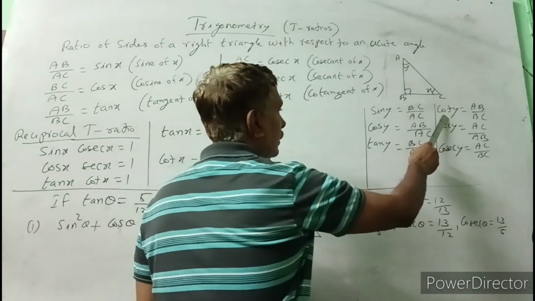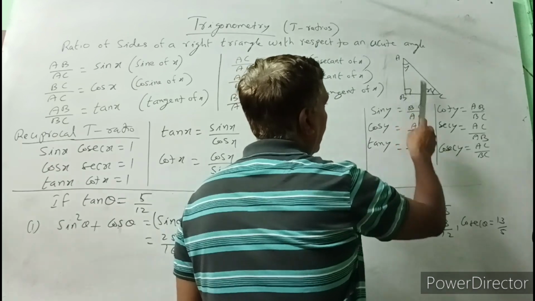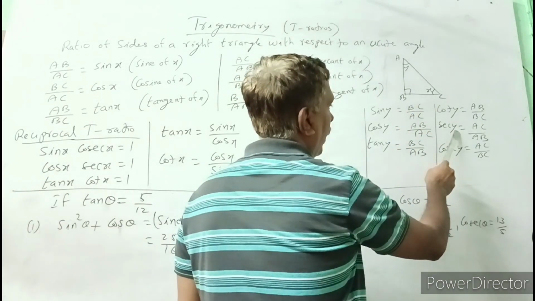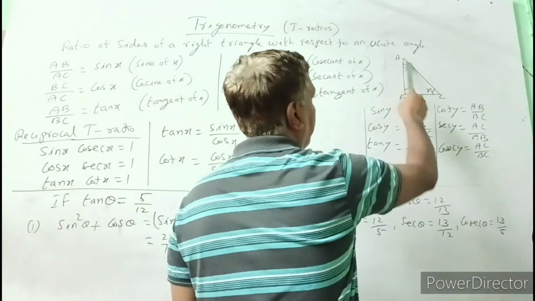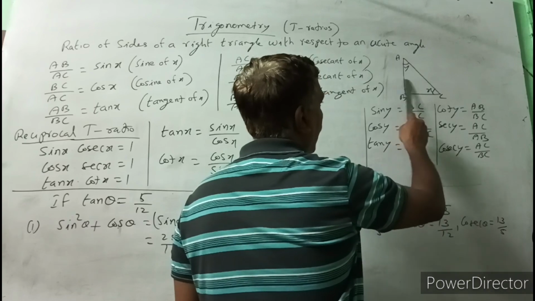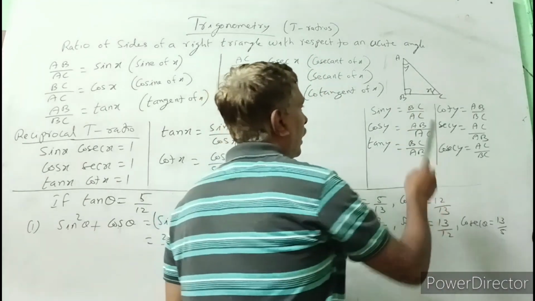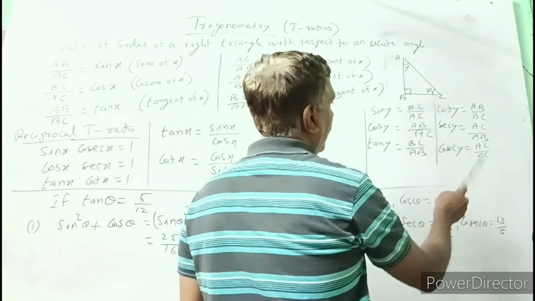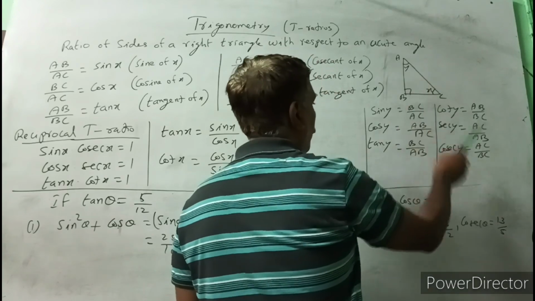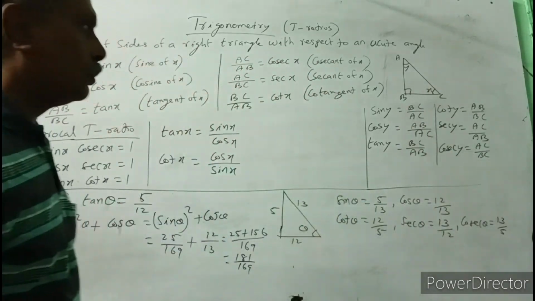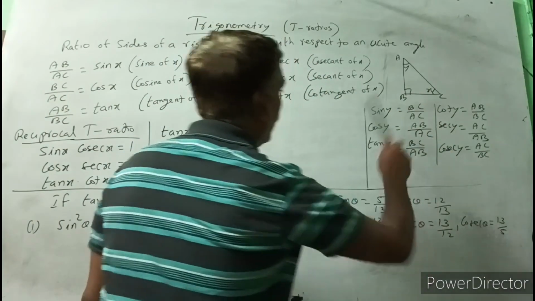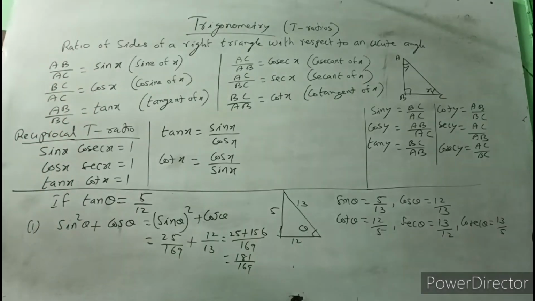Cot Y, the adjacent side upon the opposite side. Sec Y, the hypotenuse upon the adjacent side. And finally, cosec Y, the hypotenuse upon the opposite side. So learn these definitions properly, then only you can understand.